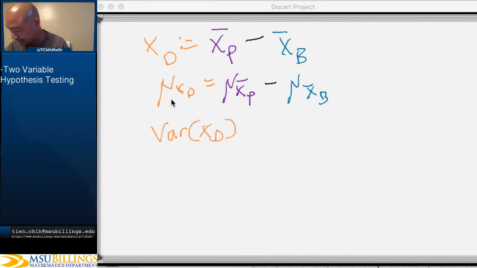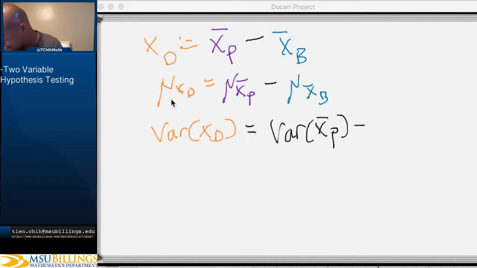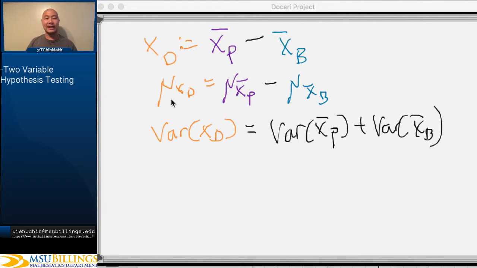The variance of xd, and just to make things go faster, I'm going to stick to black, I think. The variance of xd is going to be the variance of xp plus the variance of xb, right? And this goes back to chapter 2 and the linear combinations of random variables. So I have two variables, both with some sort of variation.